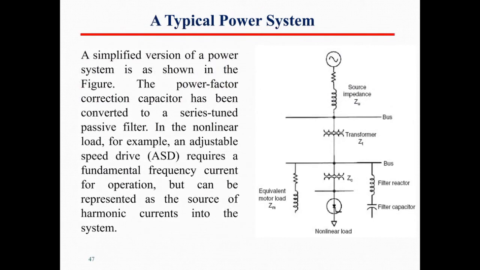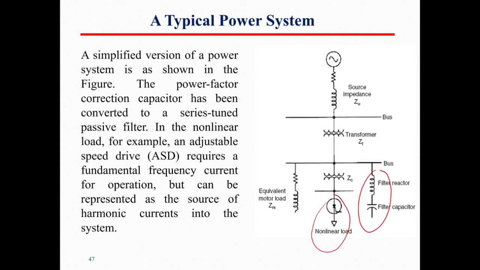A typical power system. So over here we have a power system transformer, and we have over here the passive filter. Okay, we have over here a nonlinear load, as we can see, and we could also have motors over here. A simplified version of the power system is shown in the figure.